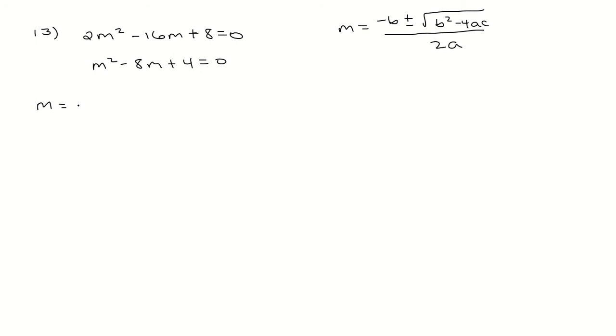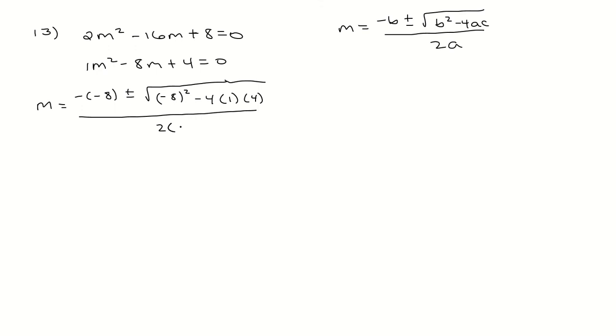So m is going to be equal to negative b, so negative 8, plus or minus the square root of b squared, so negative 8 quantity squared, because the negative is going to go away in this case. So b squared minus 4a, which is 1 because it's 1m squared, and times c, 4, all over 2a, so 2 times 1.